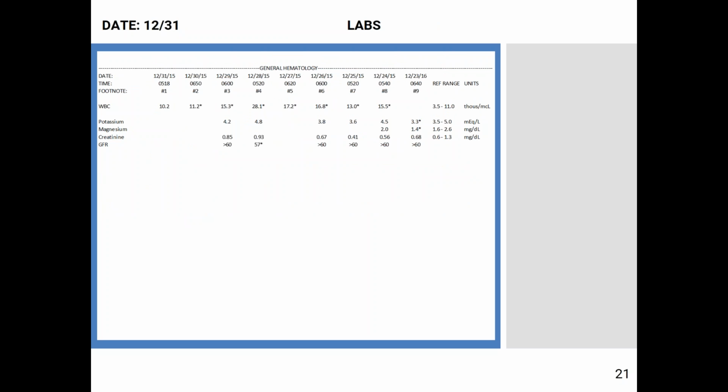And just taking a look at the labs, the white count was pretty elevated. I look on 12/28, all the way up to 28,000. Looking at the potassium on admission, it was 3.3, so just slightly under the reference range. And also the magnesium was low at 1.4 milligrams per deciliter. So those were corrected by the next day.